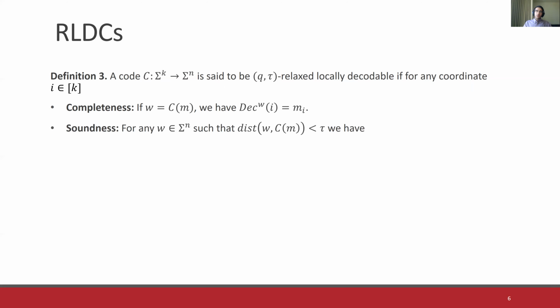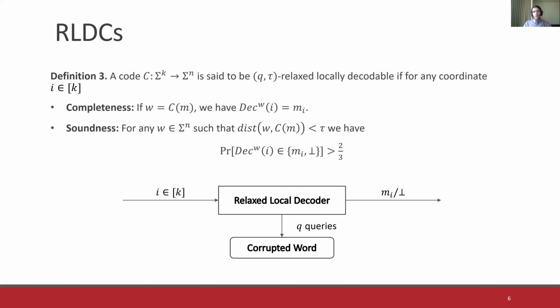But if the word is noisy and the distance between the word and an actual code word is less than tau, then the decoder guarantees that it either outputs the correct bit of the message or just gives up and says "don't know" with high probability. And the decoder does this by reading only q locations of the corrupted word.